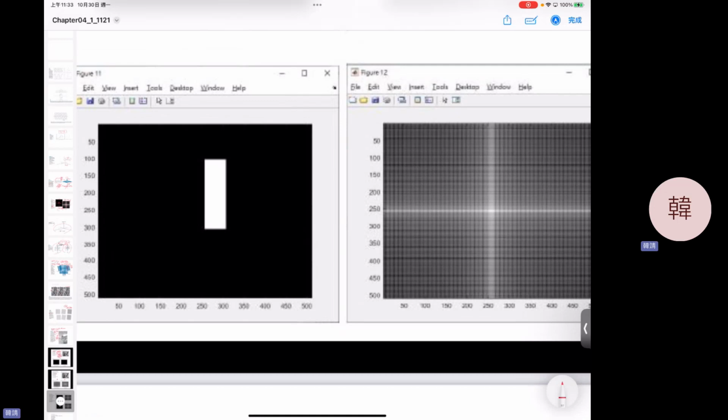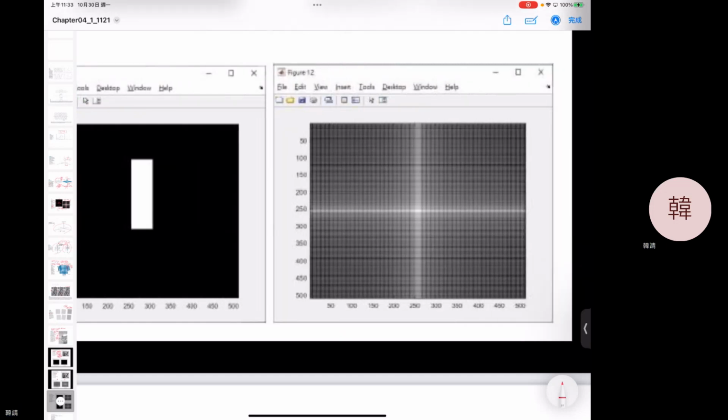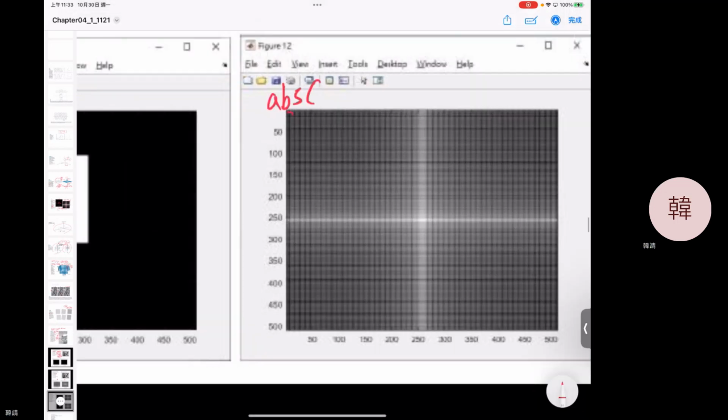Here's another one, with some shifting in your spatial domain. It doesn't matter for the amplitude spectrum. We call this the amplitude spectrum; you take ABS, so it's amplitude.